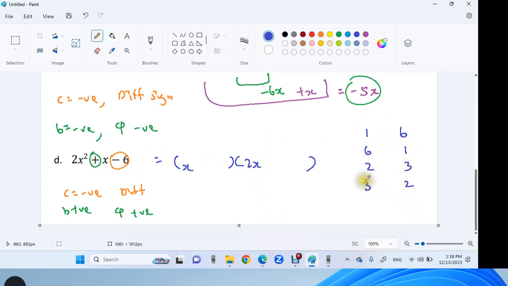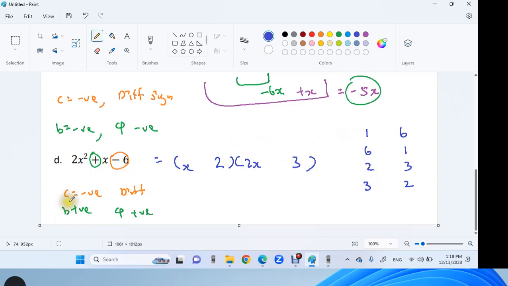We know that the C is negative, so we do the subtraction, minus. So I will put 2, 3 here, because we have 2 times 2 is 4, 3 times 1 is 3, 4 minus 3 is 1. So I will select 2, 3.